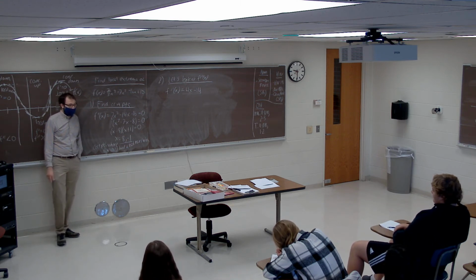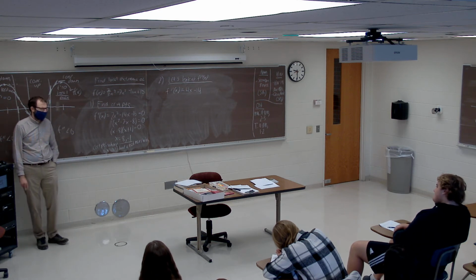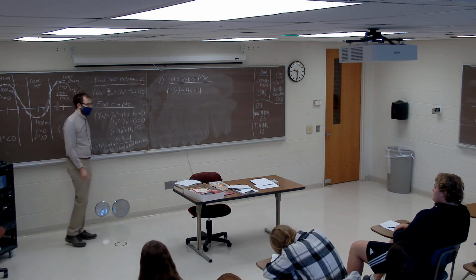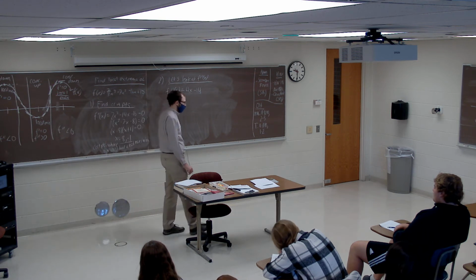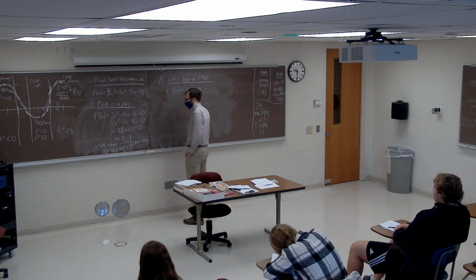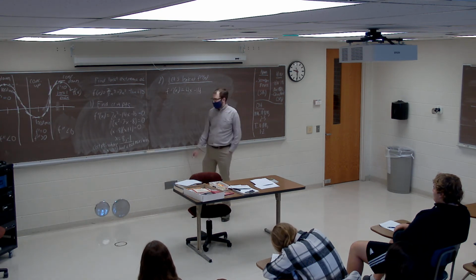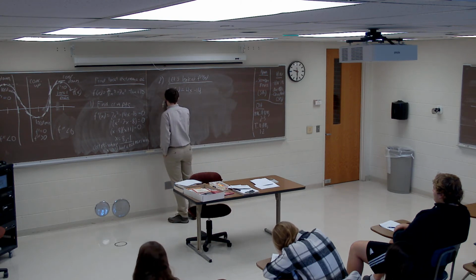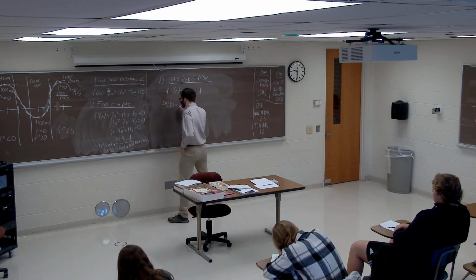Now that we have our second derivative, what should we do with it? Plug your critical point values in for x and see if it's positive or negative. Okay, if we plug in, we'll start with 8.